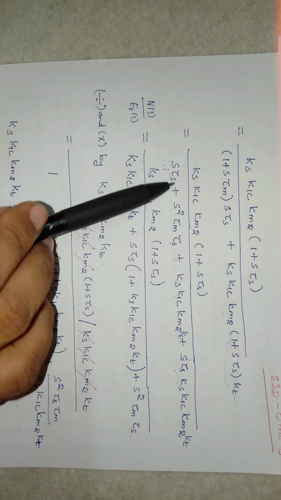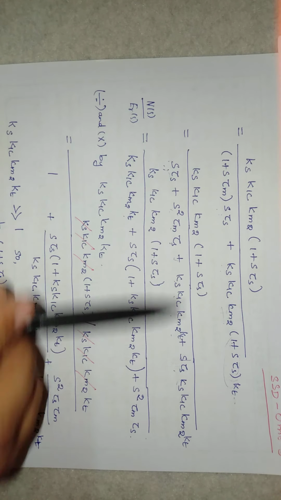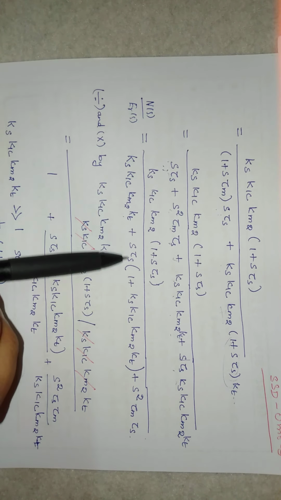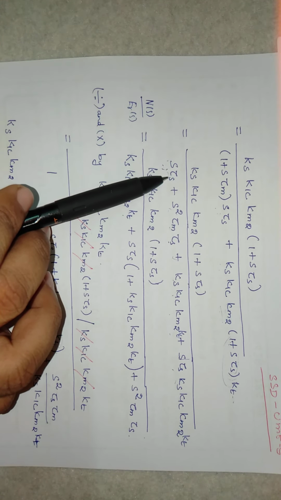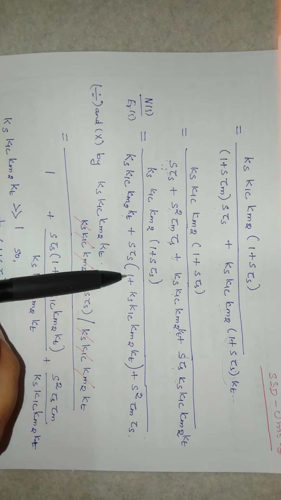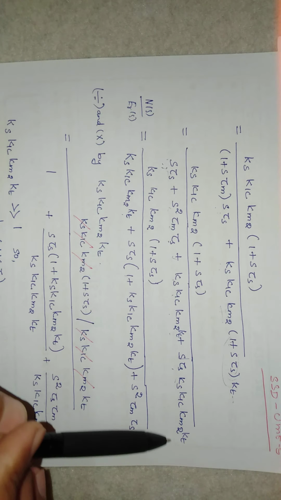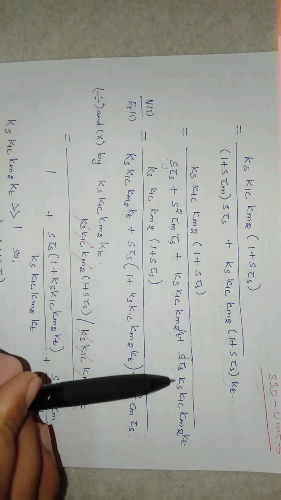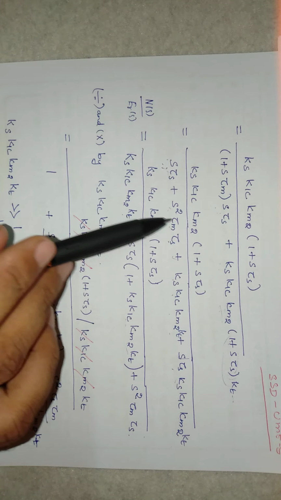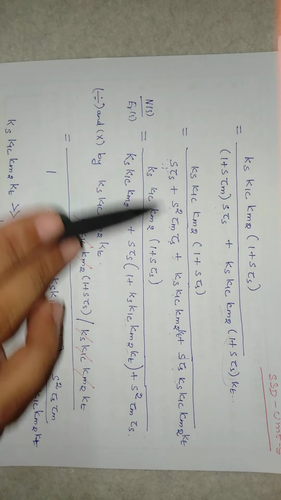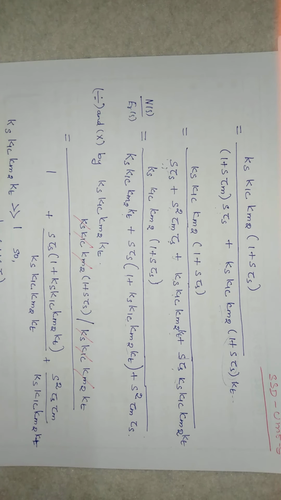Here we take s into tau s as common. If we take s into tau s from this term, then this term will be considered as 1, plus from this term, if we take s into tau s as common, then the remaining terms Ks, Kic, Km2 and Kt, plus this s square term. So all these terms we are taking into account.